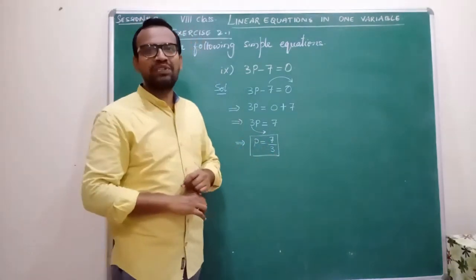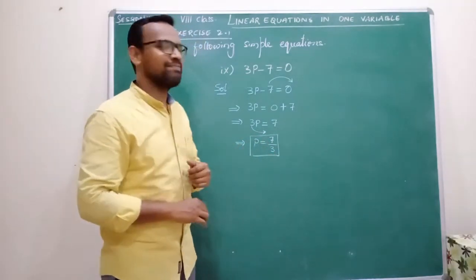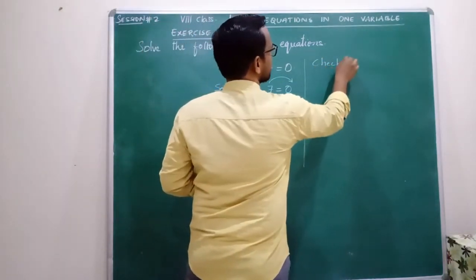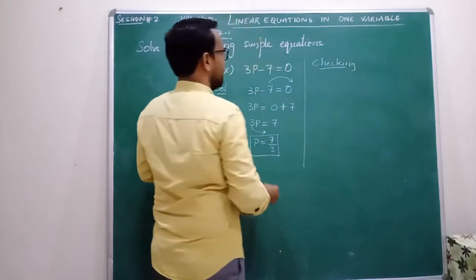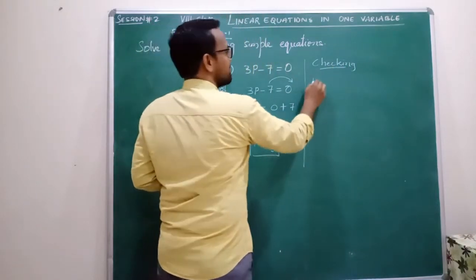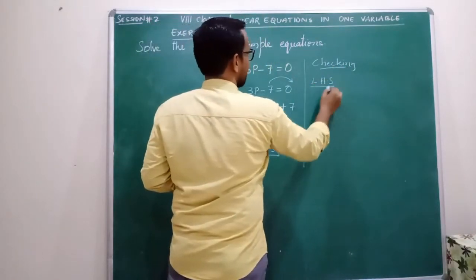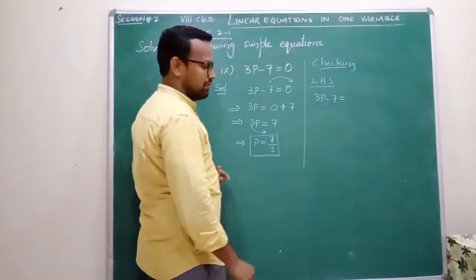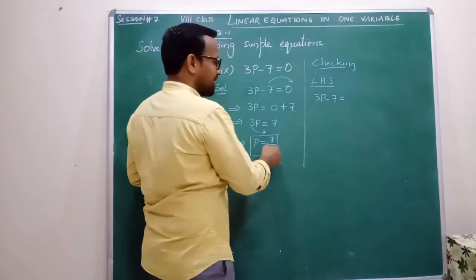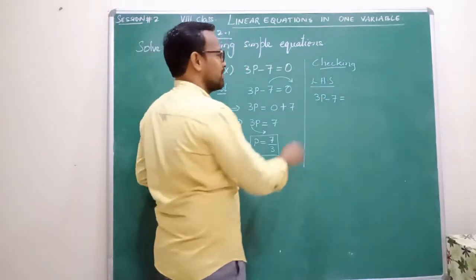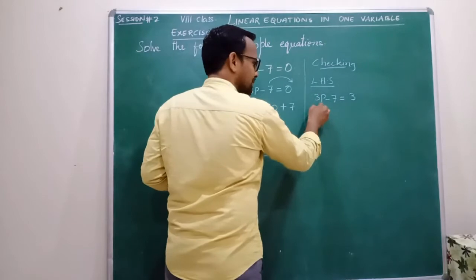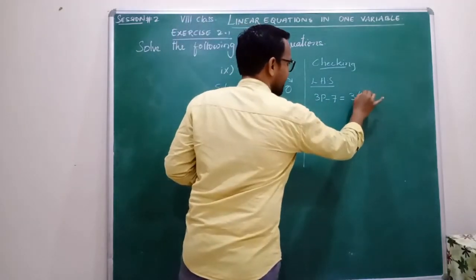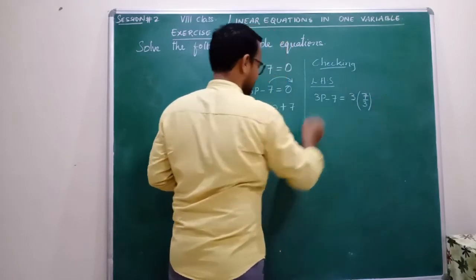Whether this is the solution or not, we need to check. Let us check now. So we need to take the LHS. 3p minus 7, that is equal to, in place of p, we are going to write the value of p, right? So 3, in place of p the value is 7 by 3. Let me write 7 by 3.